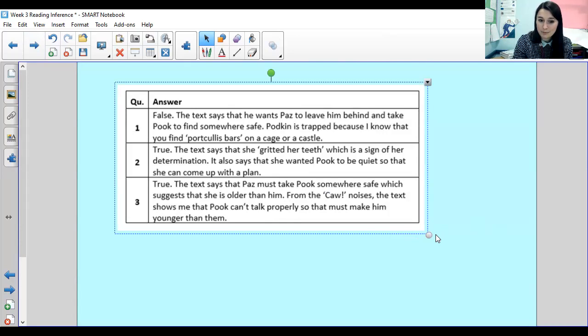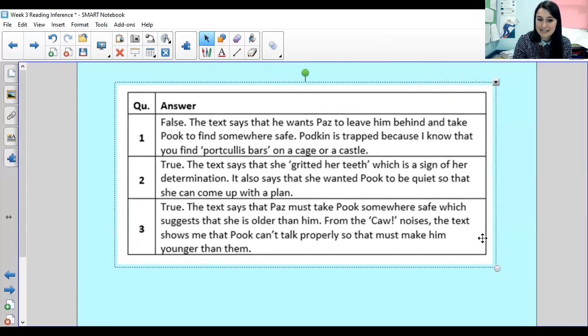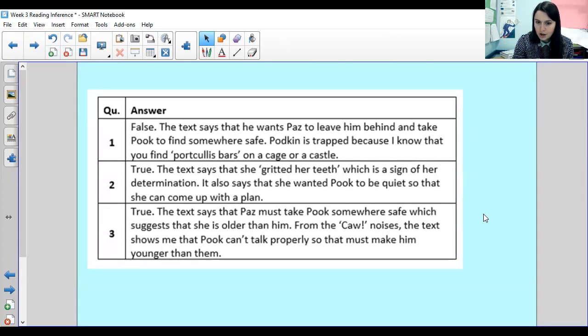Okay, so number 1 was false because the text says he wants Paz to leave him behind and take Pook to find somewhere safe. Podkin is trapped because I know that you find portcullis bars on a cage or a castle. Question 2 was true. The text says that she gritted her teeth, which is a sign of determination. It also says she wanted Pook to be quiet so that she could come up with a plan.